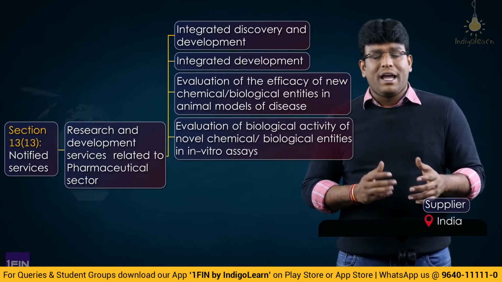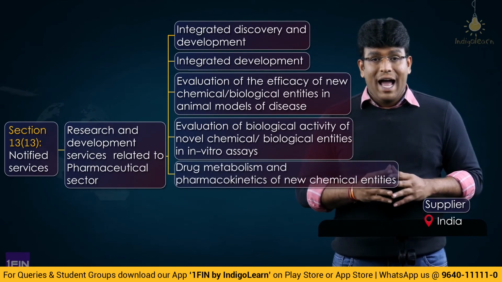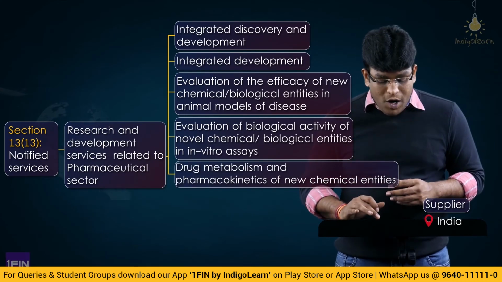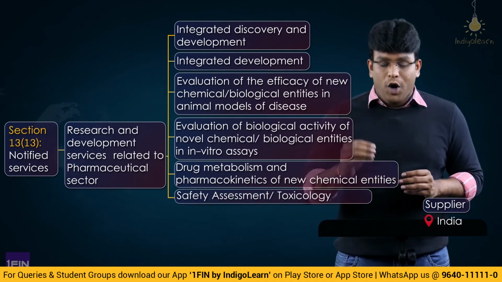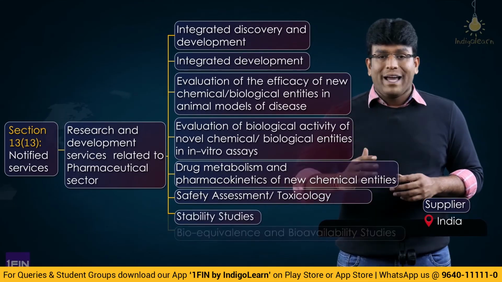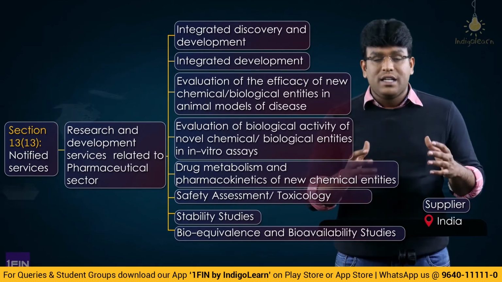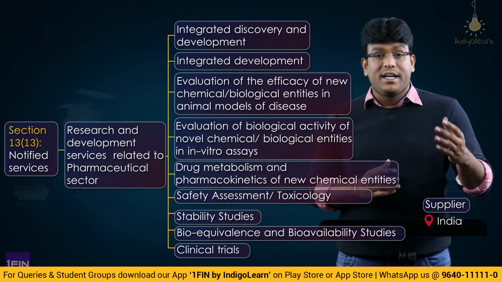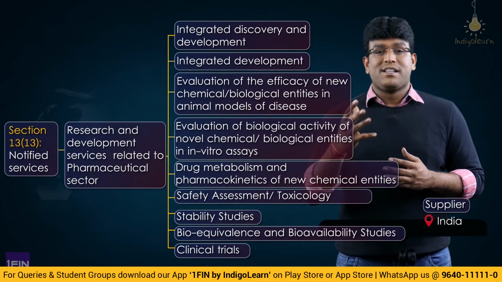In vitro is something like outside the animal. Then, drug metabolism and pharmacokinetics of new chemical entities. Then, safety assessment or toxicology, and also stability studies, bioequivalence and bioavailability studies, clinical drugs, that is basically clinical trials where they do testing of the drug whatever is developed.